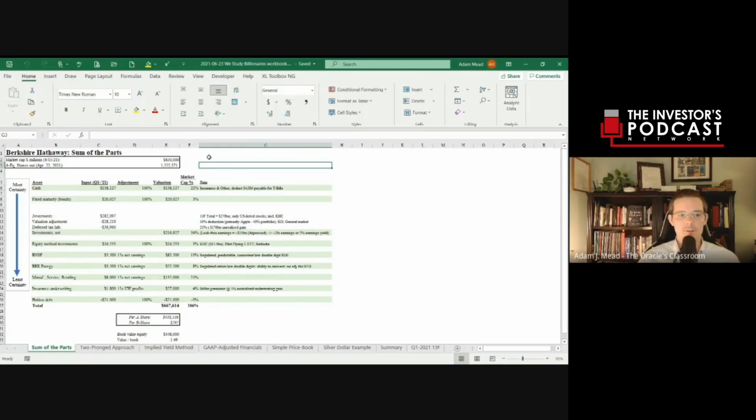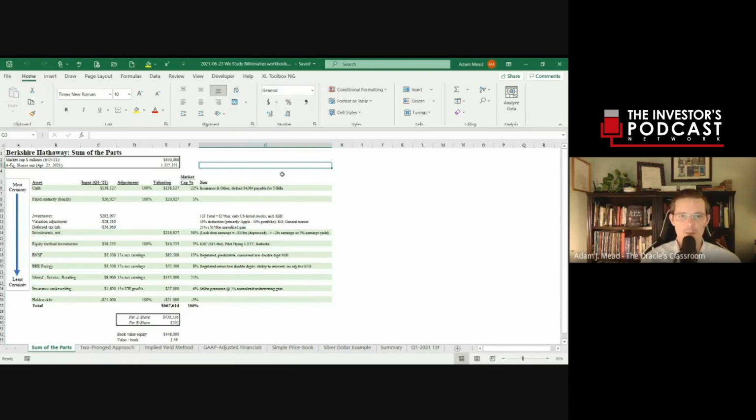So first of all, we'll start at the sum of the parts here, and I've included Berkshire's current market cap as of yesterday, and then the shares outstanding, and that will feed into this model.